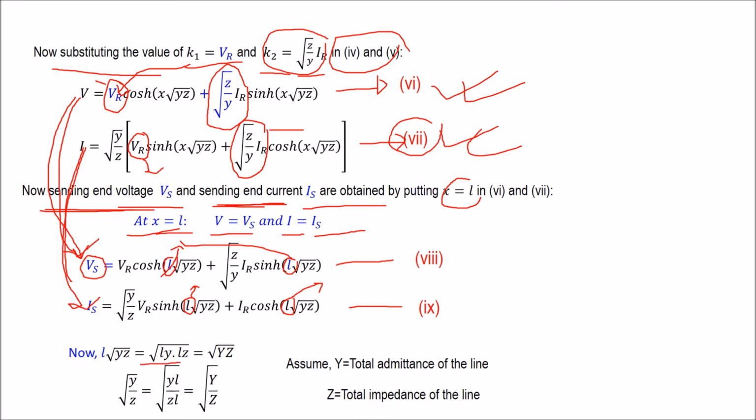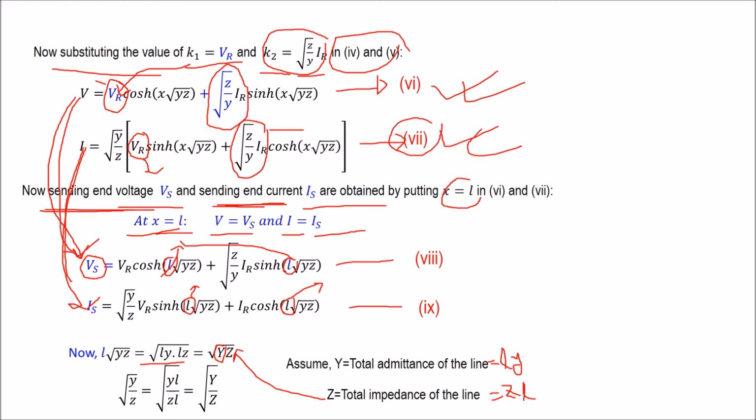In this form we can write. So from here we can write Ly, which is the total admittance of the line, as uppercase Y, right? And total impedance of the line, ZL, we can replace this by uppercase Z, right?